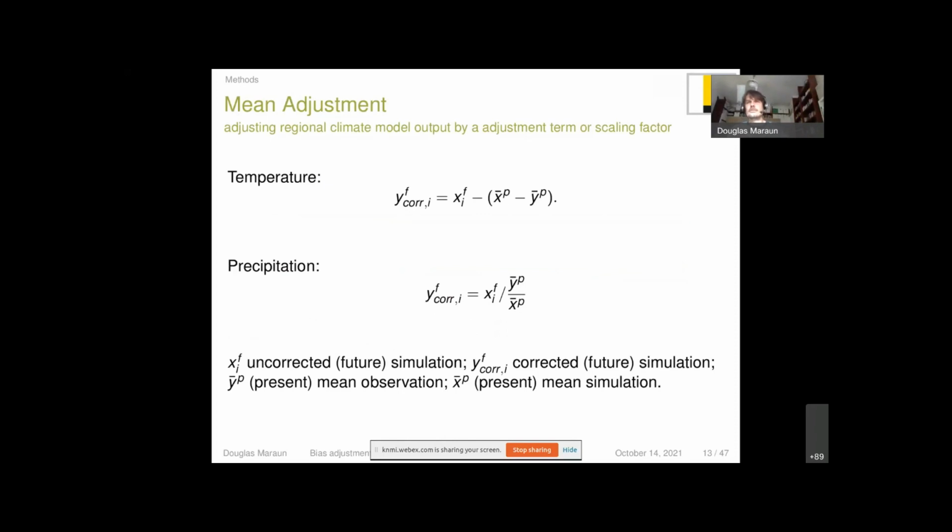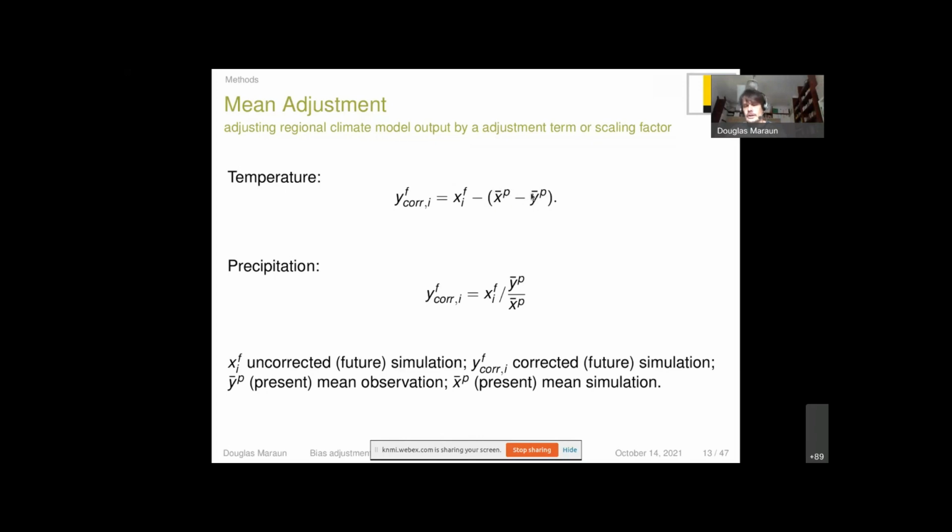Okay, so the simplest bias adjustment models are just adjusting the mean. For temperature, you could say the corrected time series in the future is the simulated time series in the future minus the bias, and the bias is only an estimate: the mean of the simulation minus the mean of the observations.